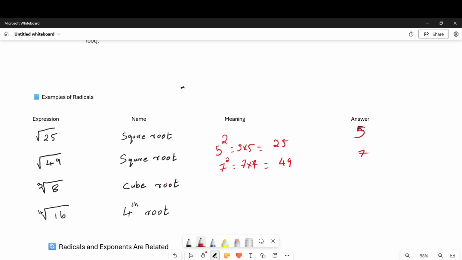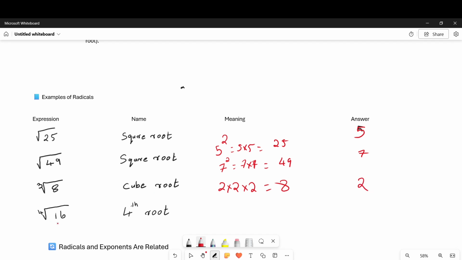So let's see the cube root. See, there is an n value mentioned here, that's a 3. So this is the third root, which means cube root. What's the cube root of 8? We know that 2 times 2 is 4, times 2 is 8. What value multiplied 3 times by itself gets the value 8? It's 2. So the cube root of 8 is 2.